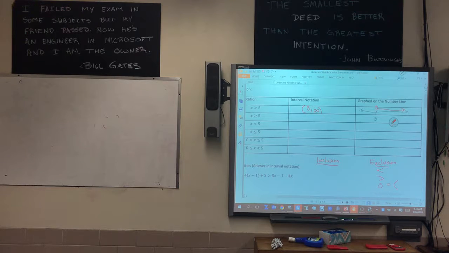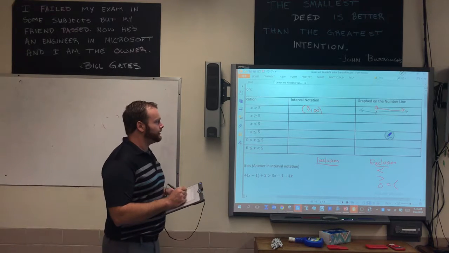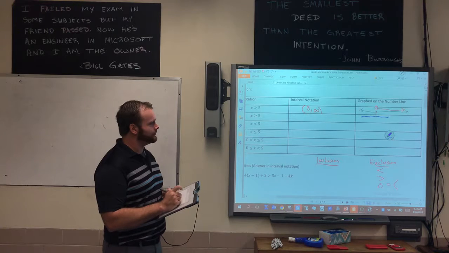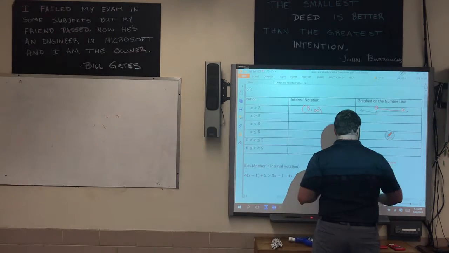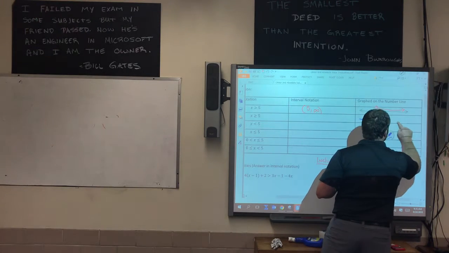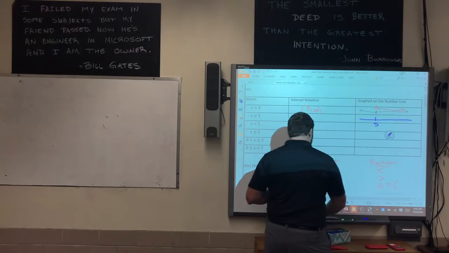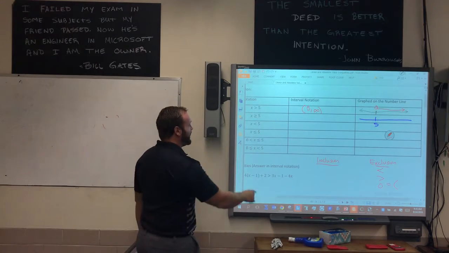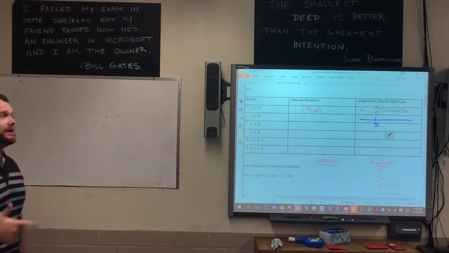Now inclusion is different. Inclusion, now we're going to say that 5 does need to be part of my answer. So if I look at this second one here, let me draw it here. Okay, so if 5 is there, and I look at x being greater than or equal to 5, I'm now saying you can be at 5.